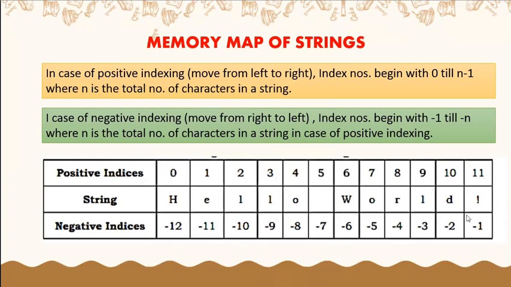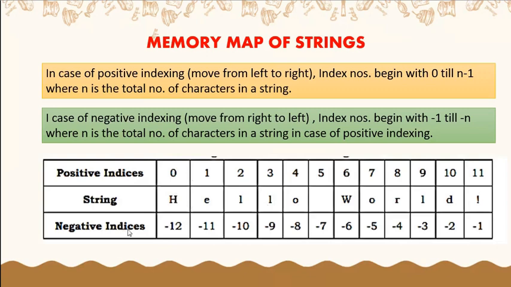Now there can be positive and negative indexes. As shown in the figure, positive indexes begin from 0 till n minus 1, where n is the total number of characters. This string has a total length of 12, and therefore in positive indices the index number begins from 0 till 11. However, there can also be negative indexing.